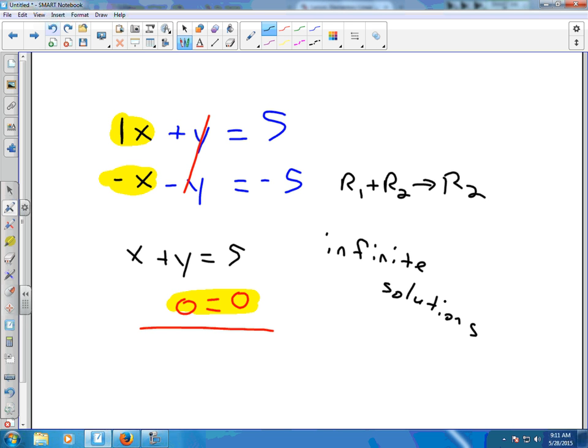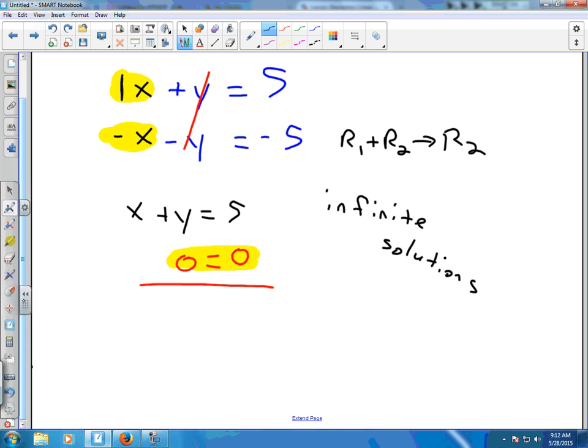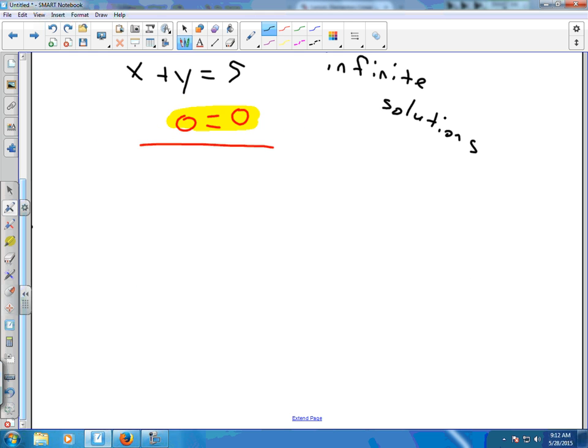Now the way that we describe this, for example, in Math 112, we would say that the solution set is all ordered pairs x, y, such that when we add x plus y, we get 5. Basically, we would list one of those equations, and that would be the solution set.